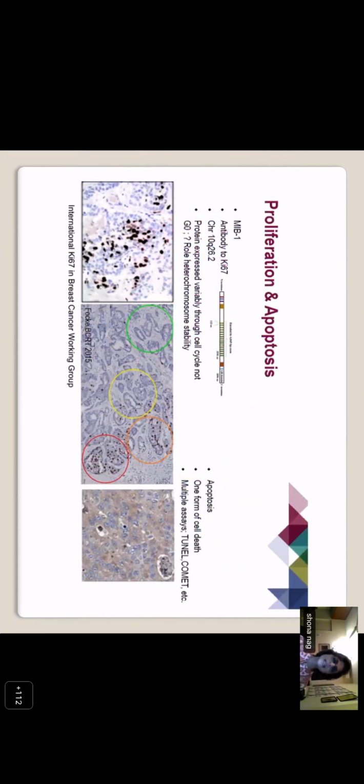There have been many ways that people have tried to measure proliferation, and the mitotic index is one of them. The Ki67 is another. And it's been a bit of a nightmare because there is an international Ki67 breast cancer working group established. No one really knows the cutoff. We know that less than 10% is great because it tells us that it's not a very proliferative tumor.